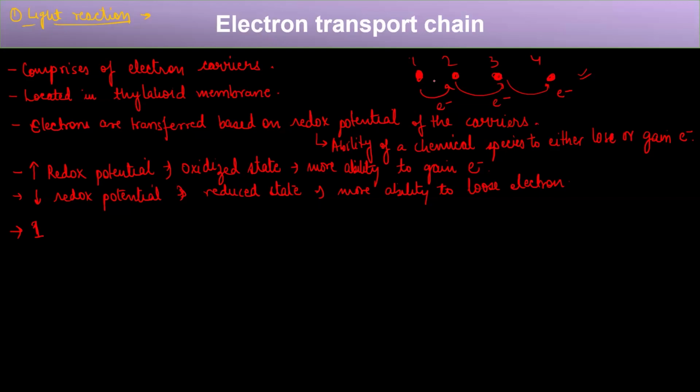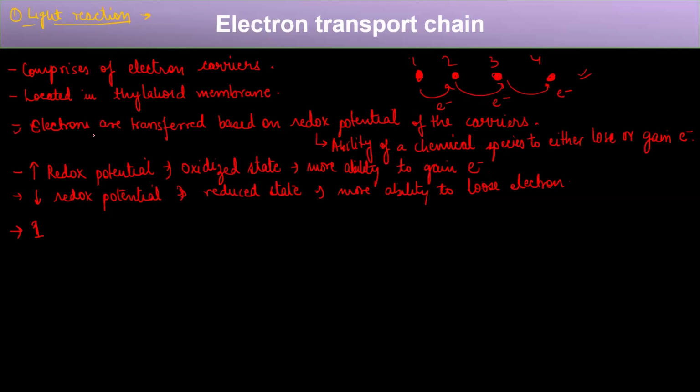Suppose there is one chemical species, a second, a third and a fourth chemical species. The electron gets transferred from 1 to 2, 2 to 3, 3 to 4. Now the question is, under what conditions does this electron get transferred?